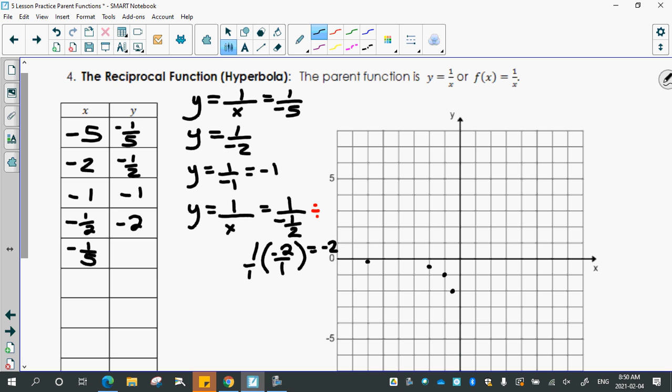-1/5. See what happens if I put -1/5 inside. See if we can figure out what we need.